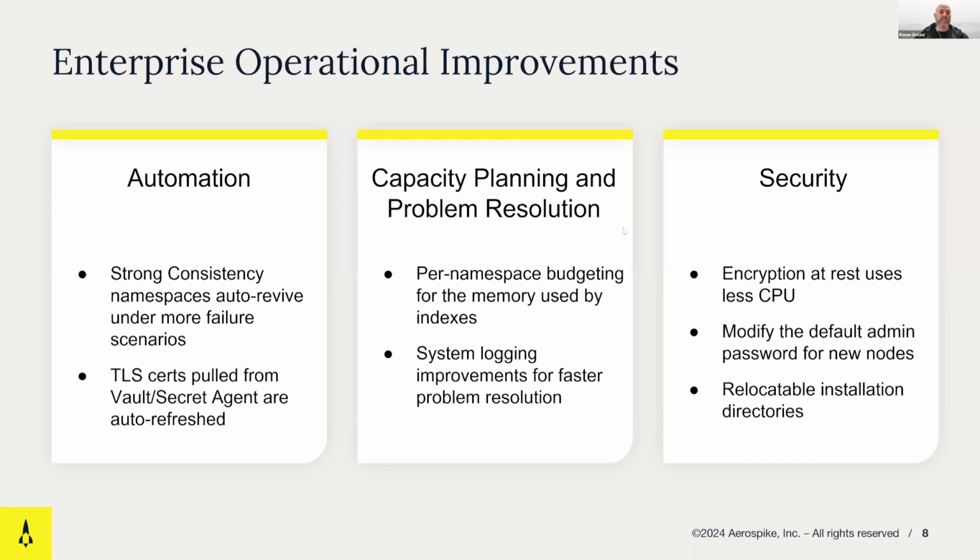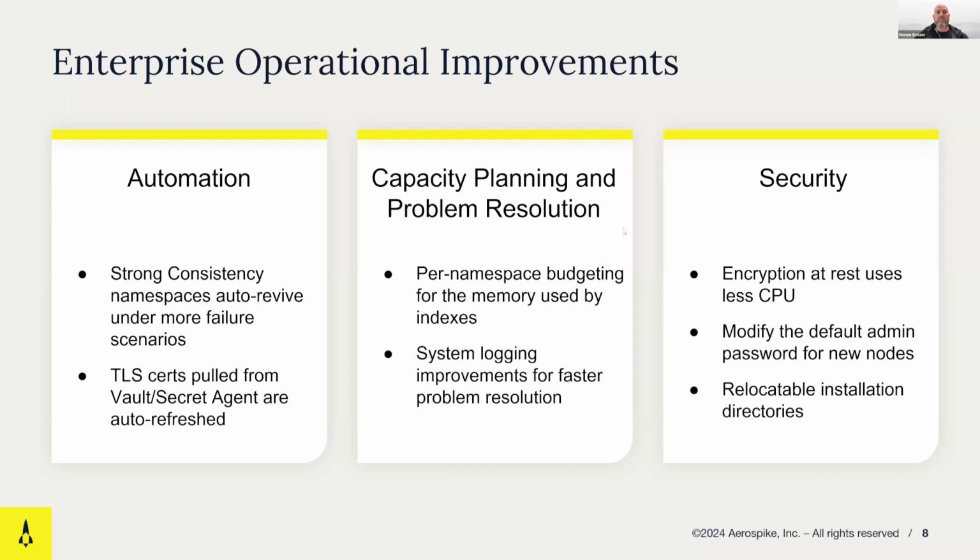The other thing we did on the automation side is automated TLS certs being pulled from other sources. So in most of Aerospike secrets, you can choose how you want to store them. You can store them on the file system and protect it with file permissions.